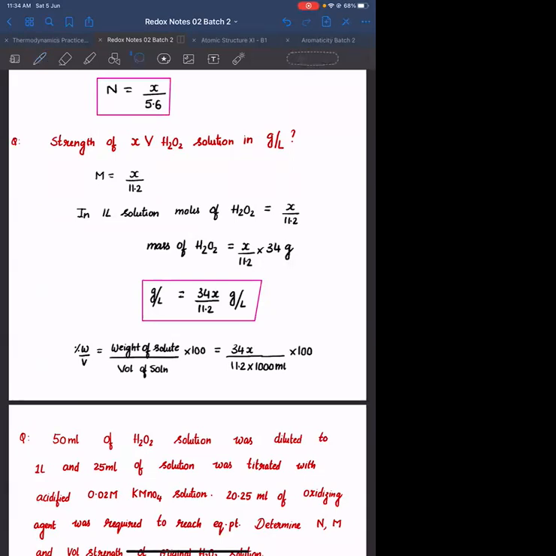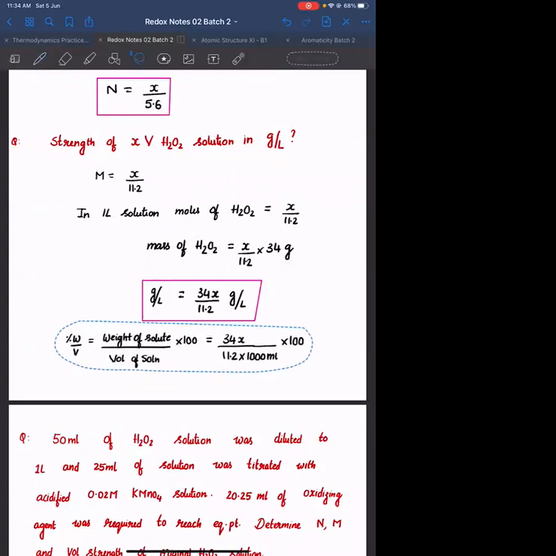Percentage weight by volume is 34x upon 112. Agreed? Yes.